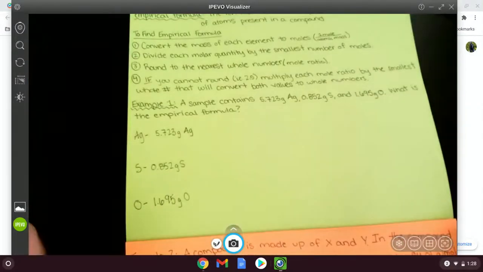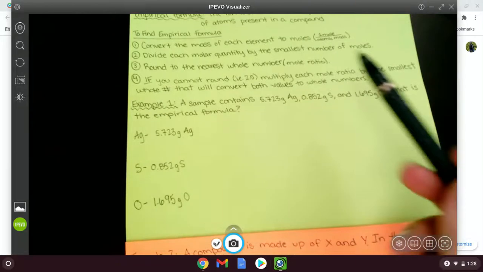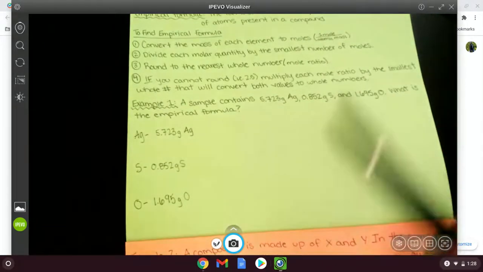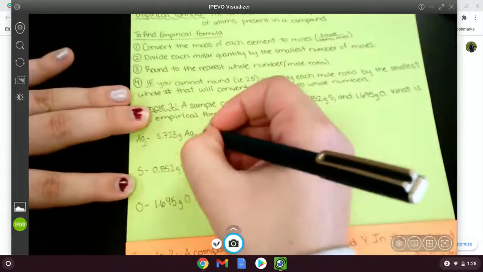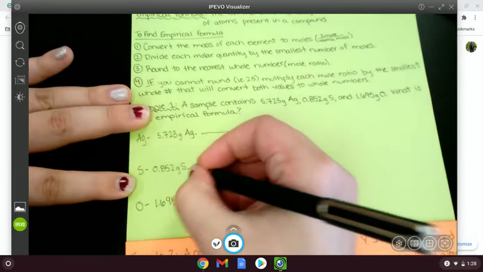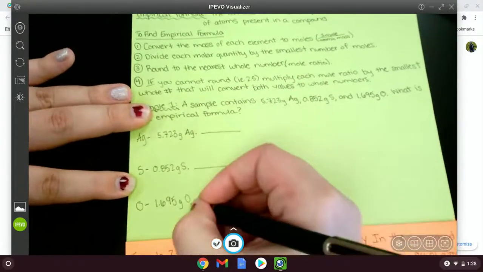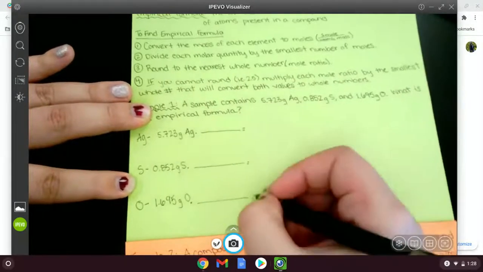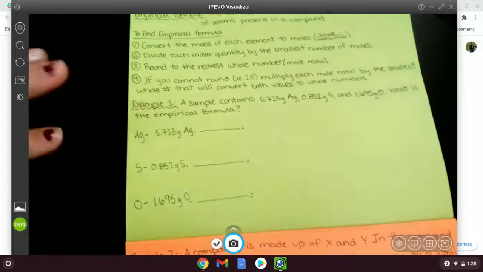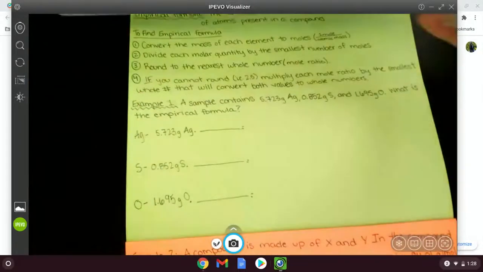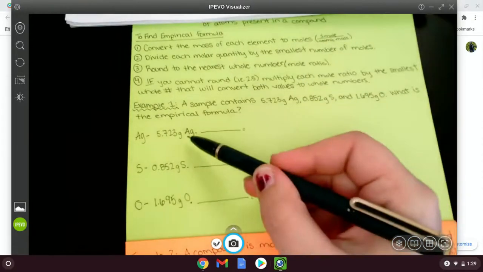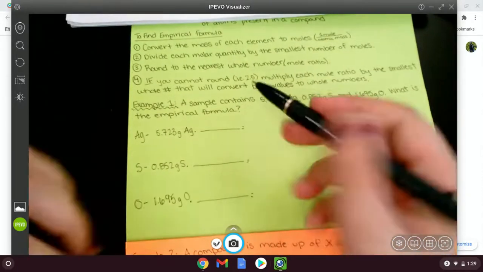Once I have the masses given written down, I'm going to use this conversion factor to convert my grams into moles. And you're going to need your periodic table from this point on. So I have my periodic table right here, ready to go. We have grams of silver on the top, so we want it on the bottom so it cancels out.